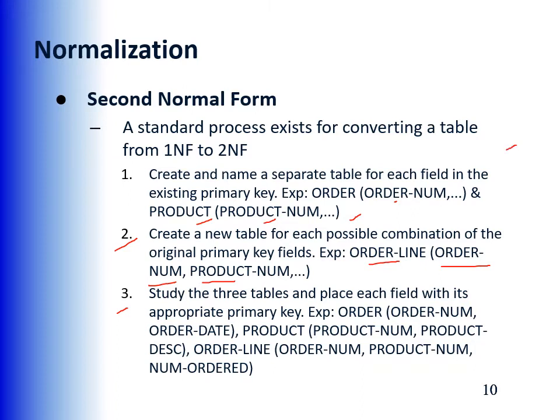You can refer to the figure in the previous slides and see it better in the tables. So that's all about the process for converting a table from first normal form to second normal form. You can watch the tutorial videos attached for better understanding.